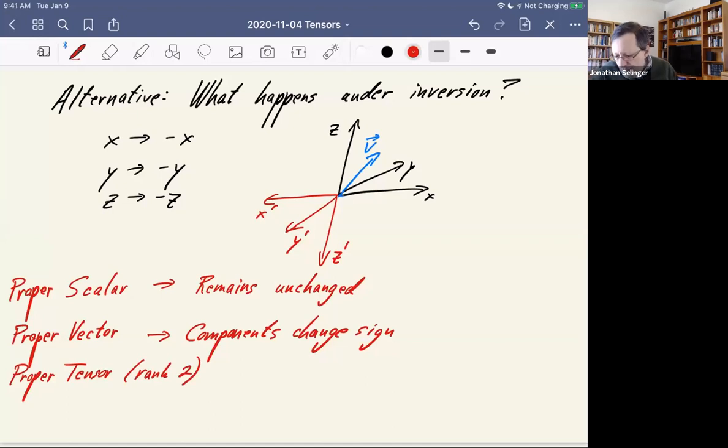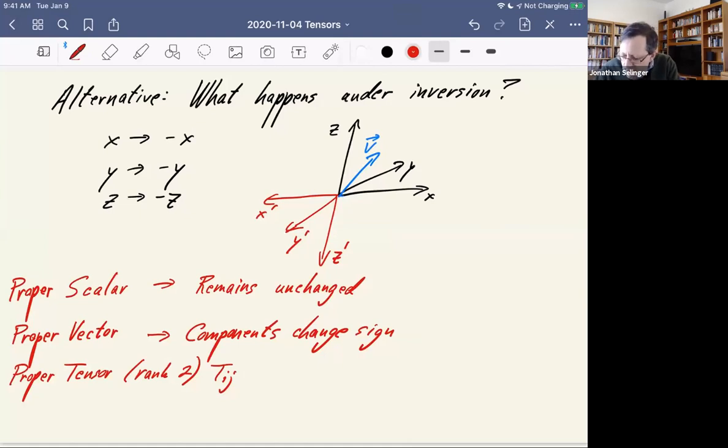Okay, so if we have a Tij, for example, if we switch x, y, and z to x prime, y prime, z prime, then if we look at the xx component of Tij, and now we do this flip of sign, the xx component changes to an x prime x prime component, which has two sign changes from the original thing. So those two sign changes cancel each other.